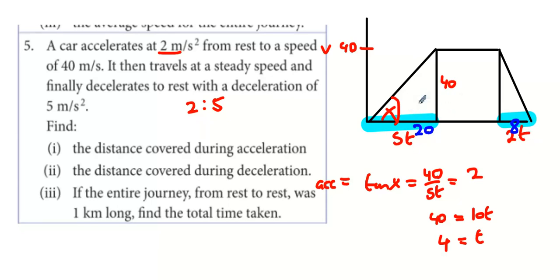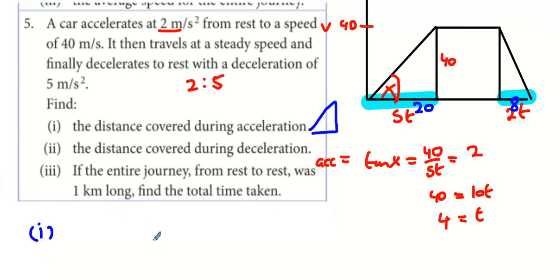How do you find the distance during acceleration? What triangle are we talking about, the left or the right? Find the area of the triangle on the left. So what do you think? A half base times height? 400 meters.